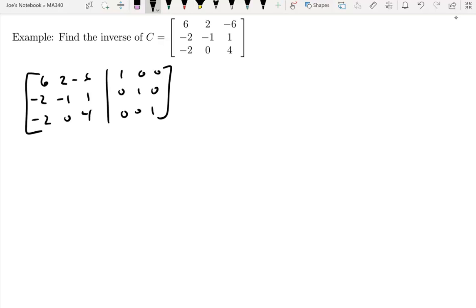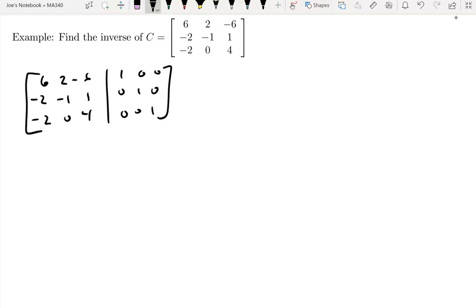And then use our Gauss-Jordan elimination to rewrite this matrix with the identity on this side and then the inverse on the other side. So first step, what do we need to do now? What's the first step in elimination?